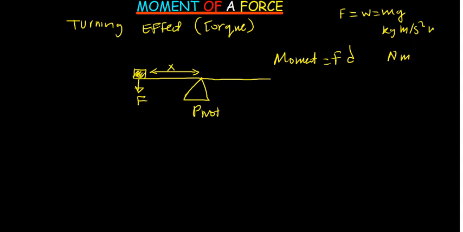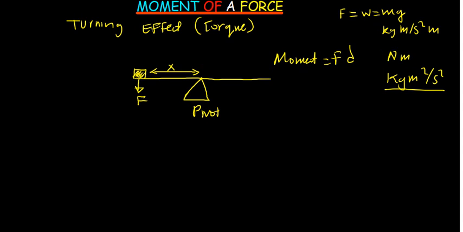So the unit for moment can also be kg, this meter will multiply with this meter, that will give us meter squared. So it will be kg meter squared per second squared. This is also the unit for moment of a force, which is the same as newton meter. So this is the formula as we've said.